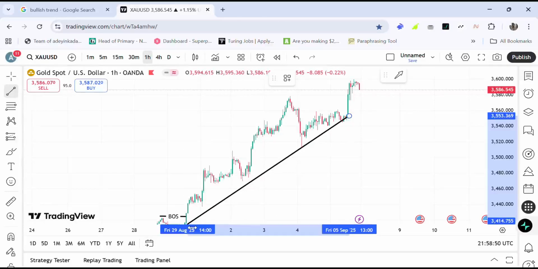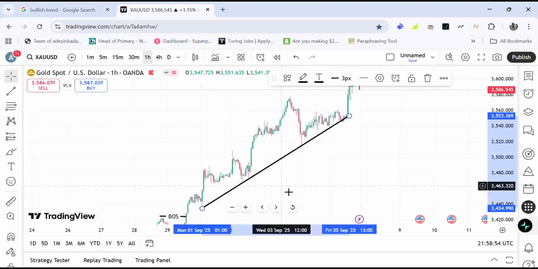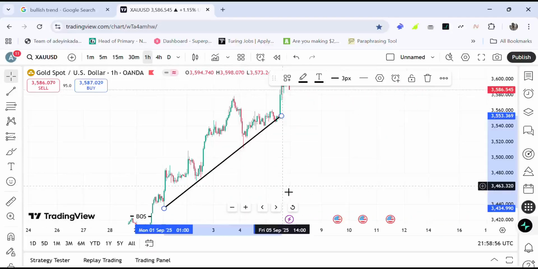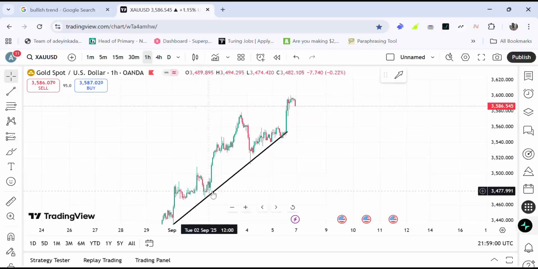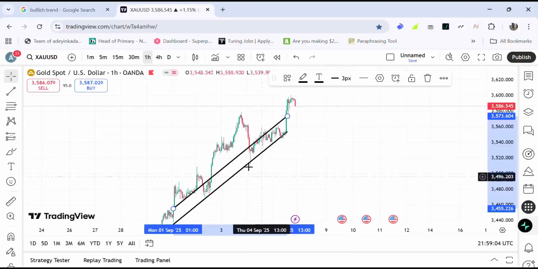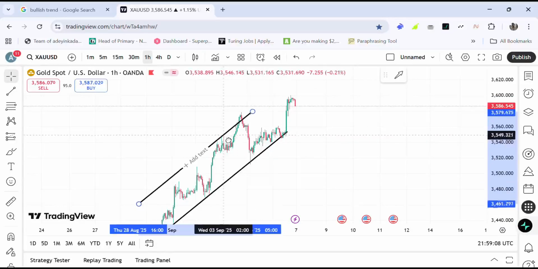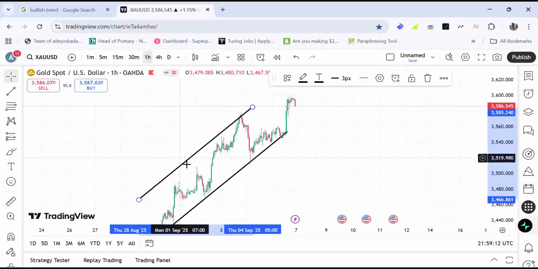This is a Friday, so the market is closed. Alright. So this is obviously an uptrend, having higher highs and higher lows, right?